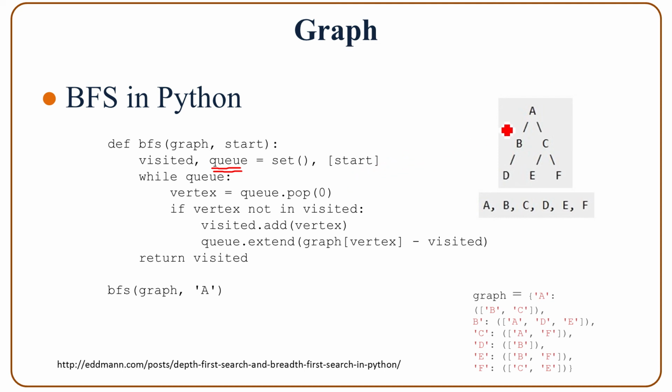A queue allows you to, let's say you start with A, and then next you are going to visit B and C, and then D, E, F. So visited is initialized with an empty set, and queue is initialized with a list with one single element, which is the start node.